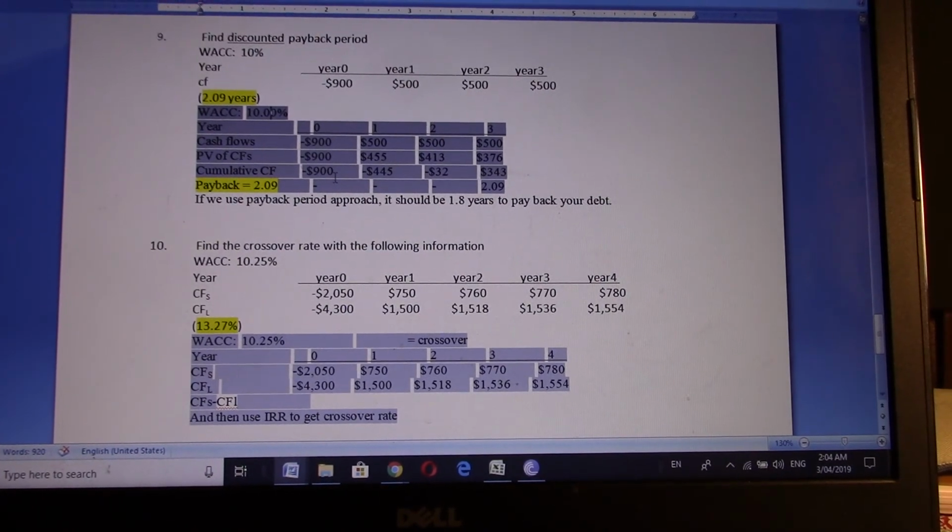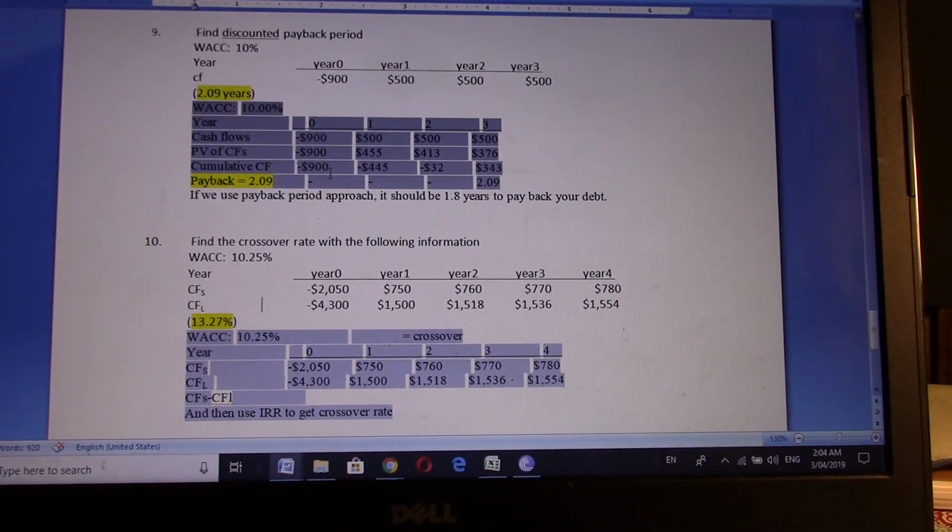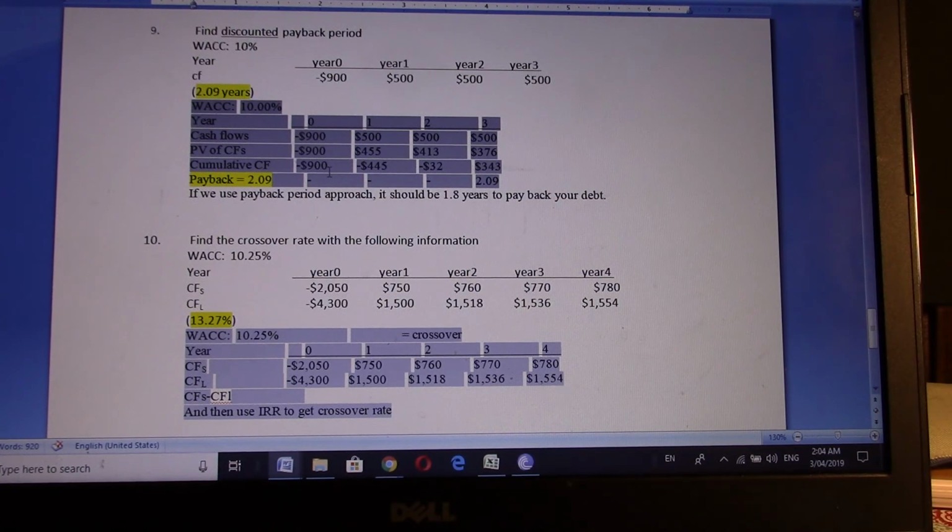Question number 10 is asking you to practice with the crossover rate.